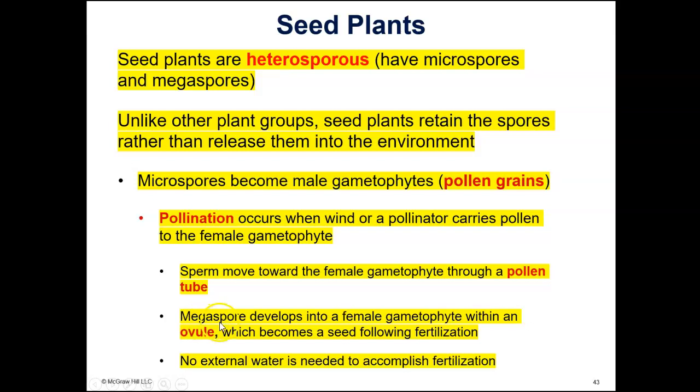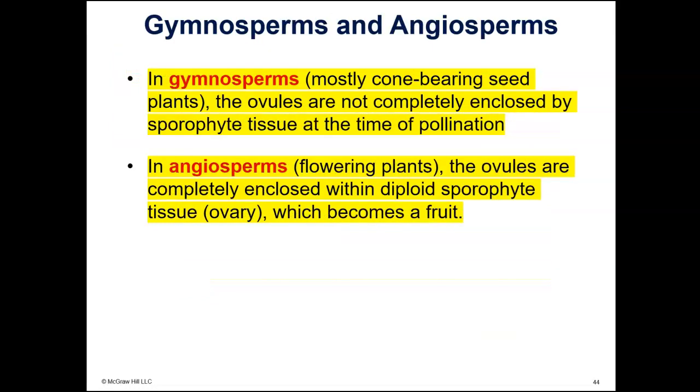The megaspore develops into a female gametophyte within an ovule, which becomes a seed following fertilization. No external water is needed to accomplish fertilization. This is true for the seed plants, not for the bryophytes, lycophytes and pteridophytes.